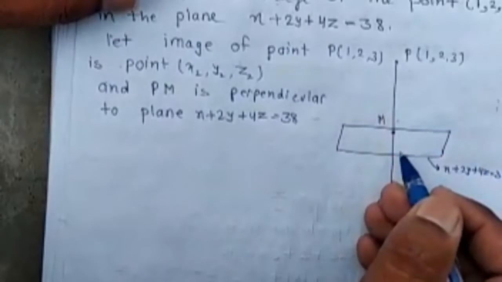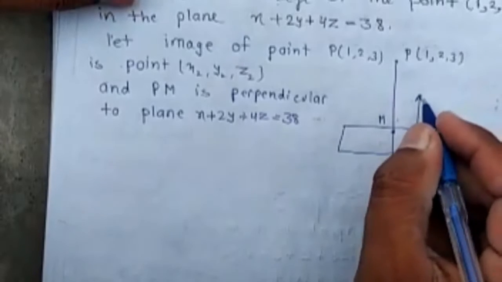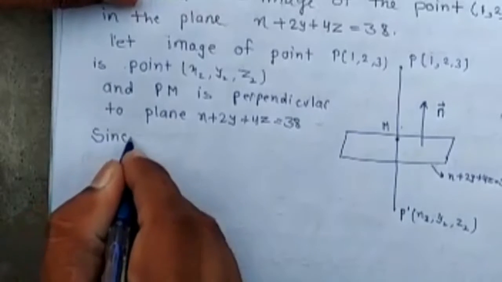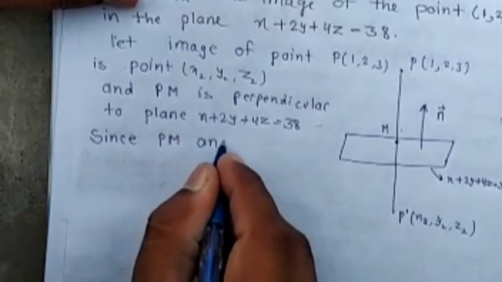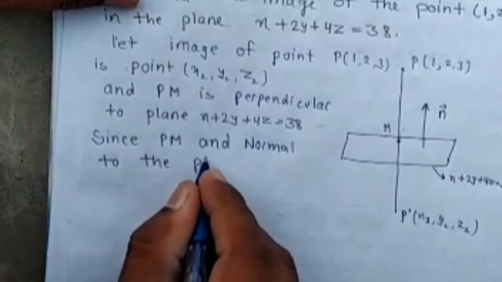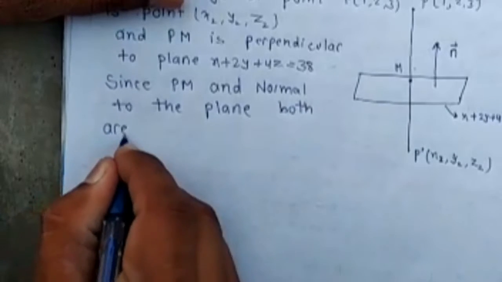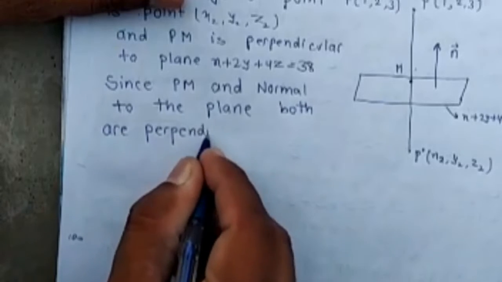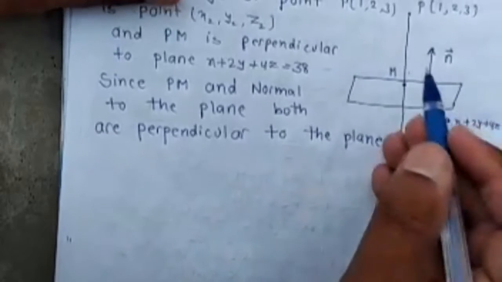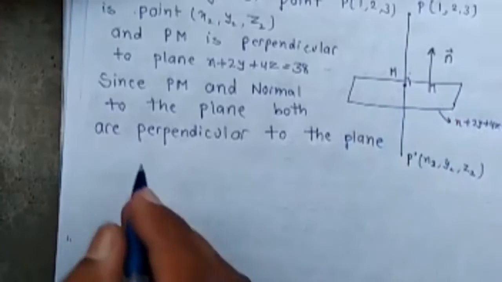Since PM is perpendicular to the plane and the normal vector is also perpendicular to the plane, PM and the n vector are parallel.